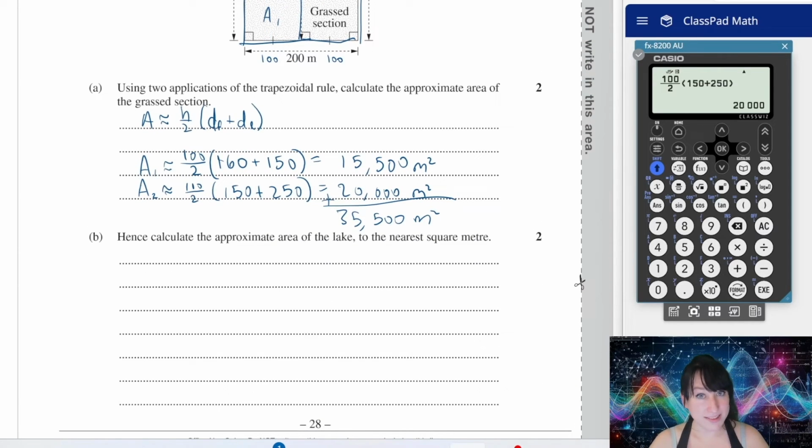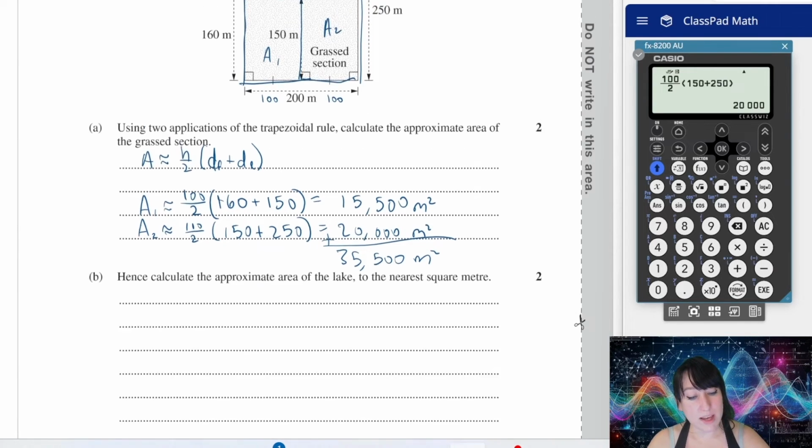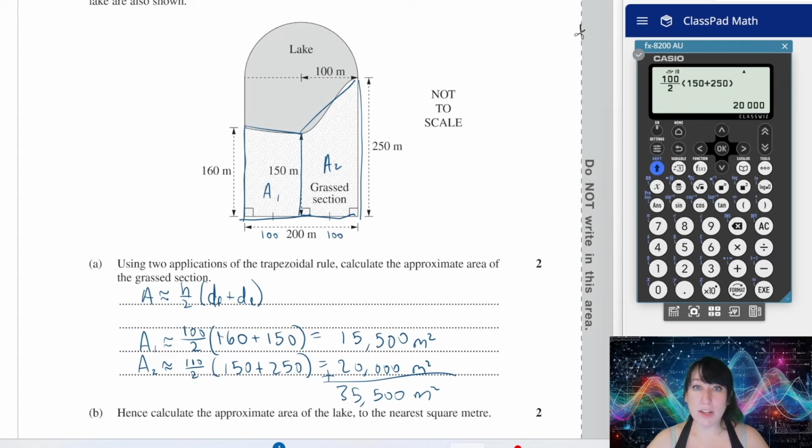Part B, hence calculate the approximate area of the lake to the nearest square meter. So if we look at that diagram again, we need to look at the bigger picture here. We have a rectangle and a semicircle, and the lake is basically everything but the grassed section, which we just approximated.